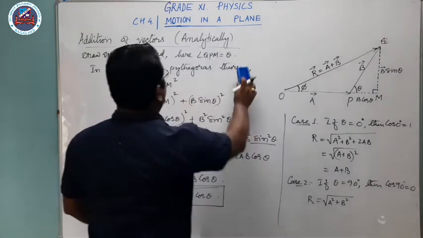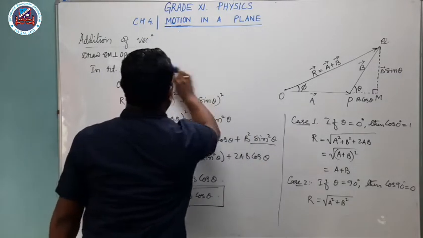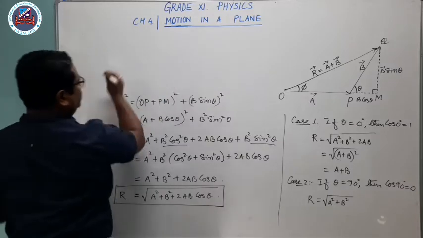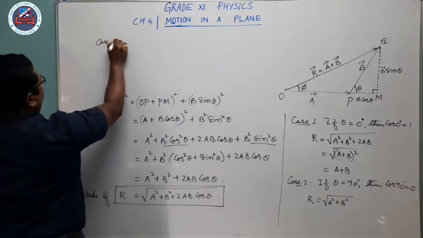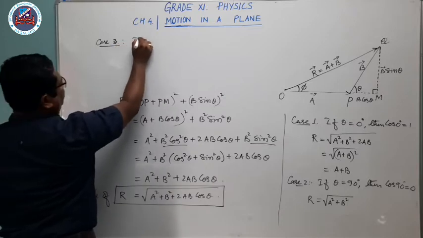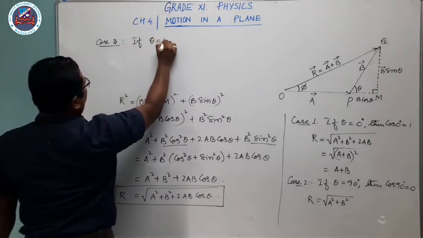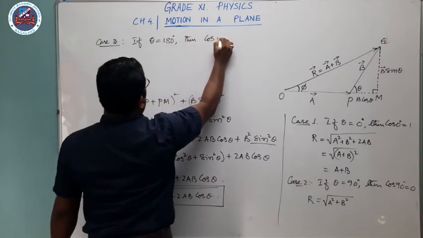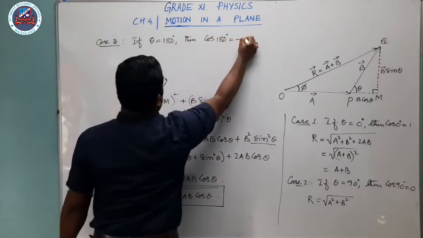Case 3: if theta is equal to 180 degrees, then cos 180 degrees is equal to minus 1.